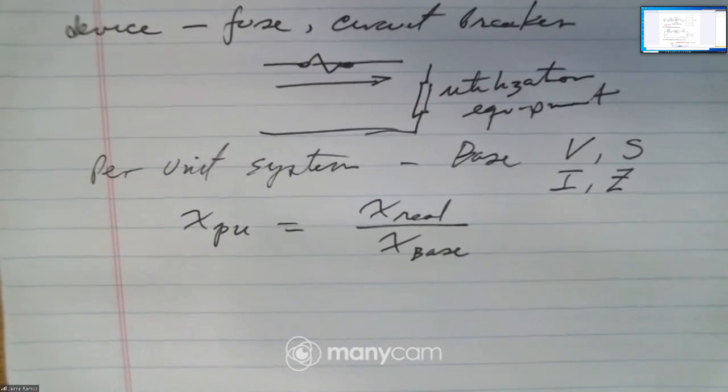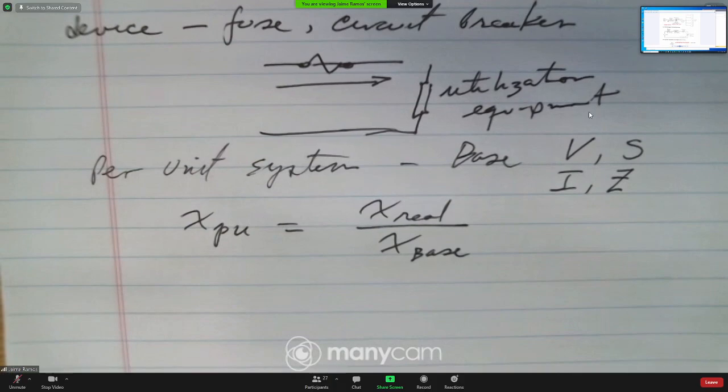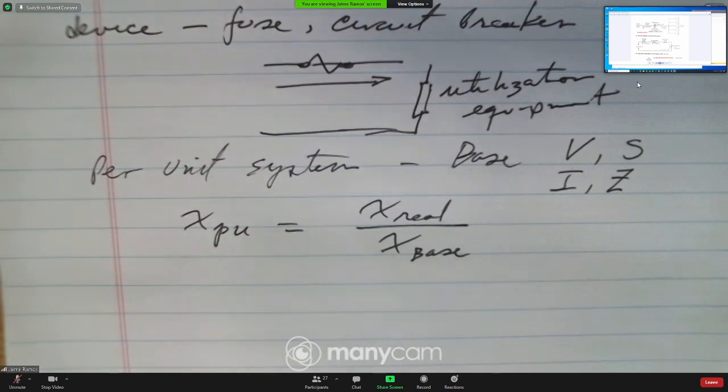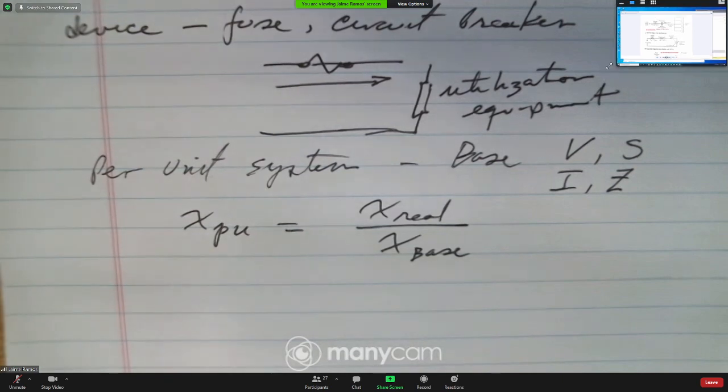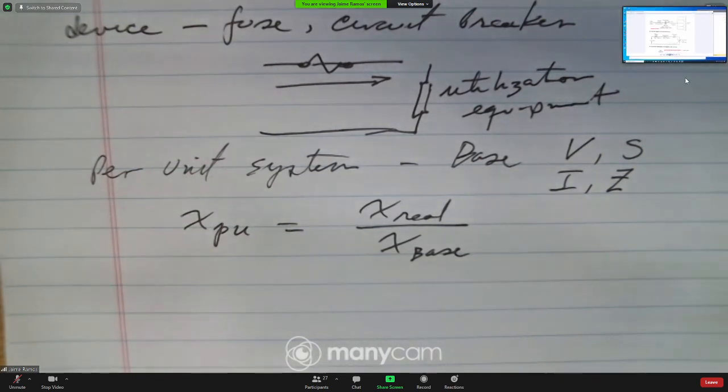So the current is 1,381 amps. That's the nominal current in the secondary. So that's good for the base current. That's correct.